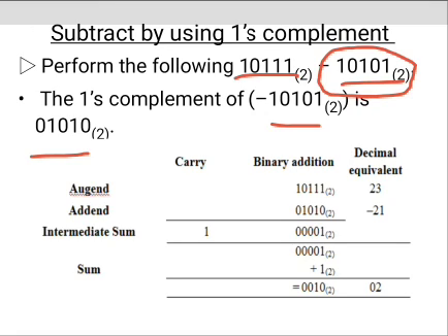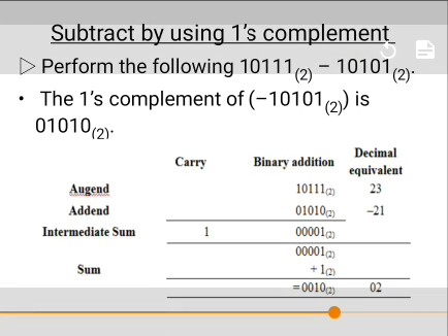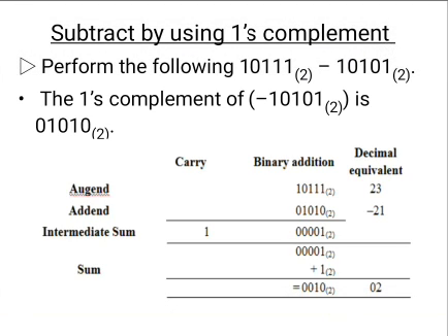That means replacing 0 by 1, and 1 by 0. So, the binary equivalent of 23 is 10111. The 1's complement of 21 is 01010.